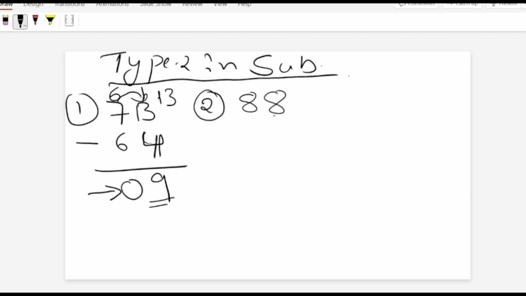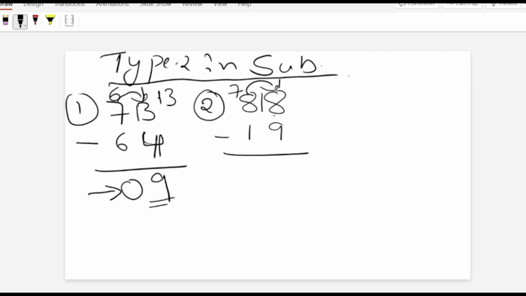88 minus 19. Okay, here also the same problem. Here 8 is small, 9 is big, we can't subtract here, so we have to borrow 1 from 8, so it will become 18 and the other will become 7. Why? We borrowed here.